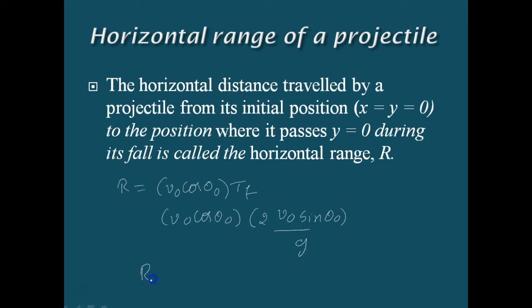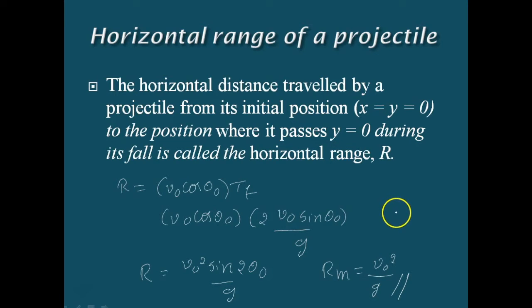So the horizontal range is given by V naught square sine 2 theta naught by g. So for a given projection velocity V naught, R is maximum when sine 2 theta naught is maximum, that is when theta naught is 45 degrees. So the maximum horizontal range is given by V naught square by g, isn't it?